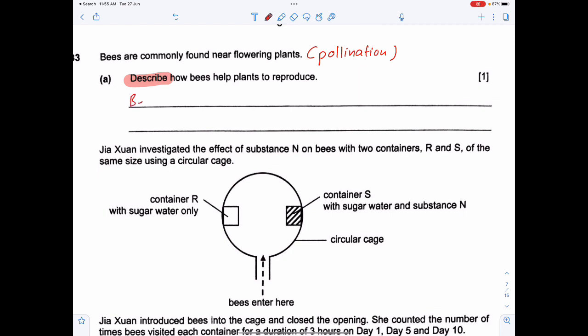So bees help to transport. Remember, it's a transport function. So I've taught you this umpteen times. From where to where? Pollen grains from the anther to the stigma of the flower.